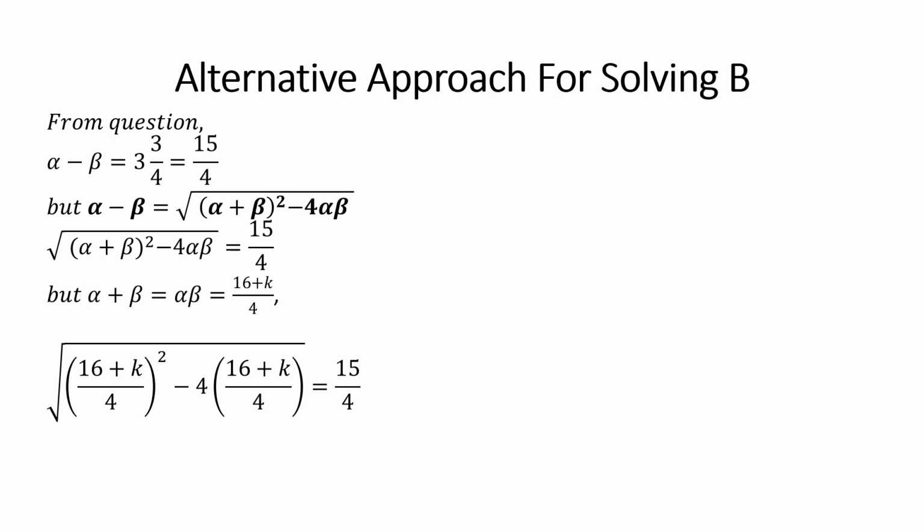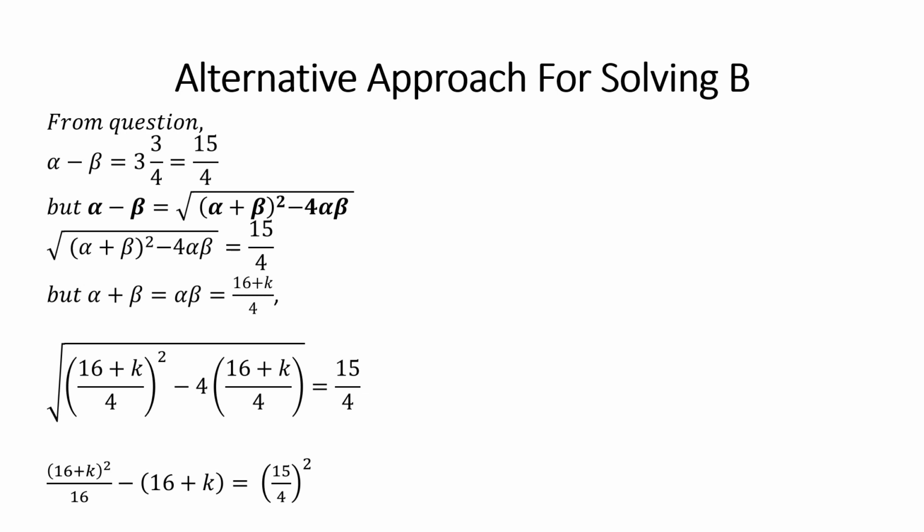Okay. After doing this, we get (16 plus k) all squared over 16 minus (16 plus k). Now we throw the square root sign away from the left hand side. How do we do it? By squaring both sides. When you square both sides, the square root sign on the left hand side disappears.